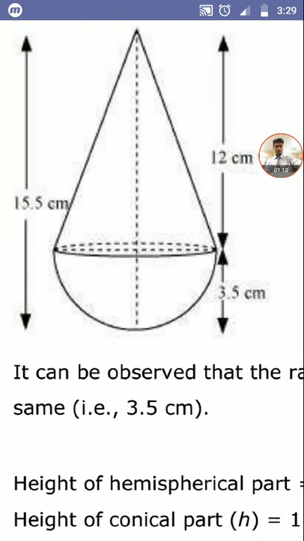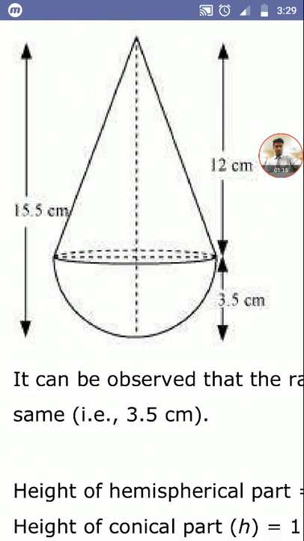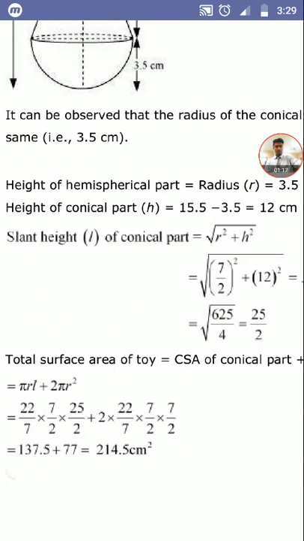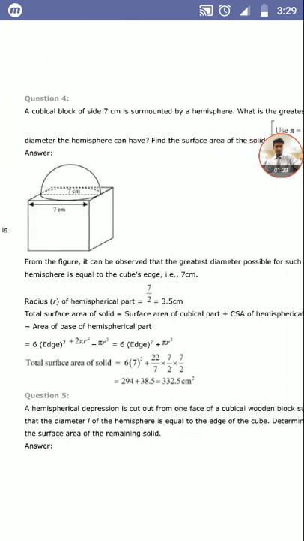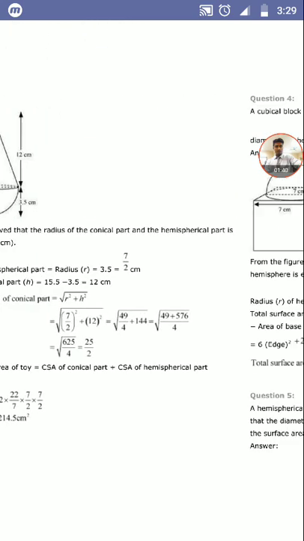So the height of the cone out here will be 12 centimeters. So pi r l will give you the curved surface area of the conical part, and for the hemispherical part it is half of 4 pi r square, that is 2 pi r square. Okay, after having substituted the values, the answer comes out to be 14.4 centimeters. 14.4 or 14.5 depending on the calculations. Okay, please pause the video to note it down.